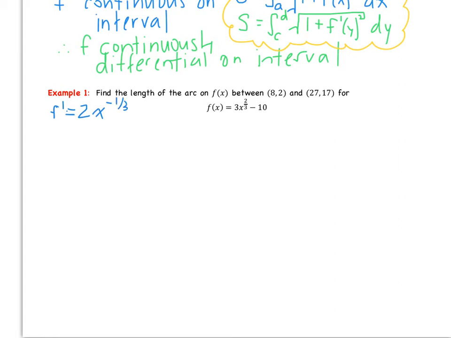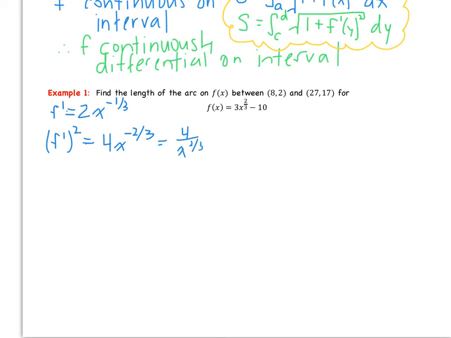At the same time, we can find f prime squared, because we'll need that in the arc length formula. When we square that, we get 4x to the negative 2/3, which is the same as 4 over x to the 2/3.